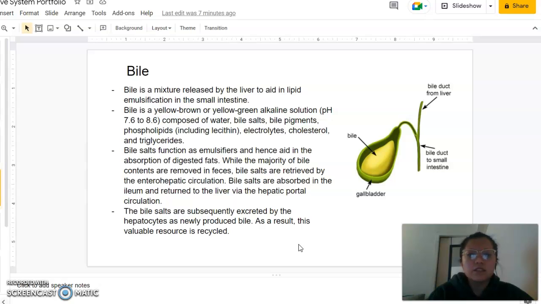Thus, this precious resource called bile is recycled. And while hepatocytes work non-stop, bile production increases when fatty chyme enters the duodenum and stimulates the secretion of the gut hormone secretin. Between meals, bile is produced but conserved.